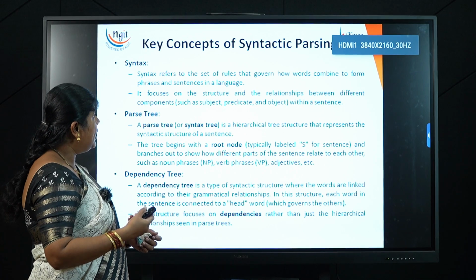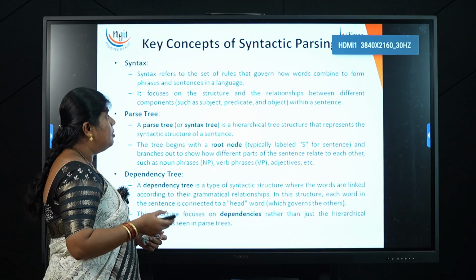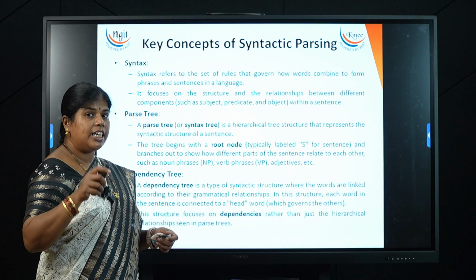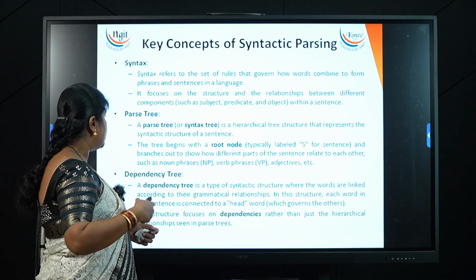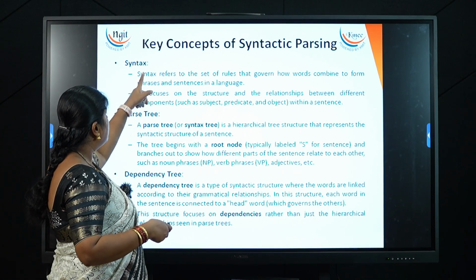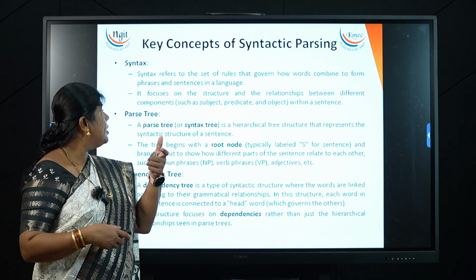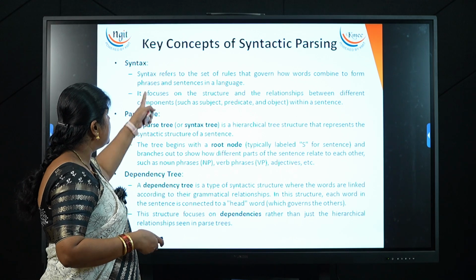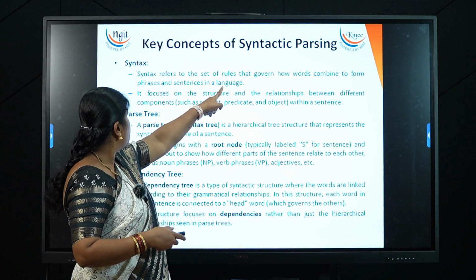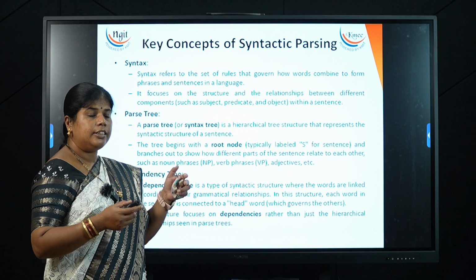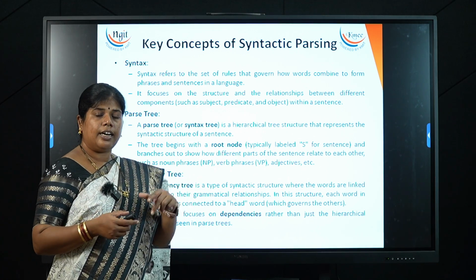Now, what are the key concepts in syntactic parsing? For applying syntactic parsing in my information retrieval, what things should I consider? First, I should see whether it is following the proper syntax rules. What do you mean by syntax? It is a set of rules which combine the phrases or sentences in a language.